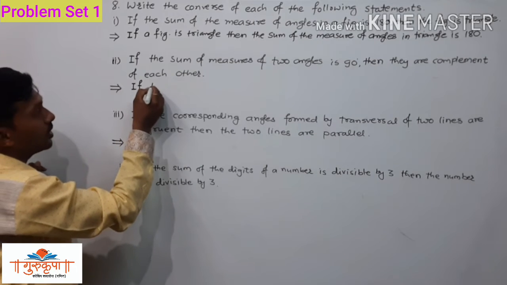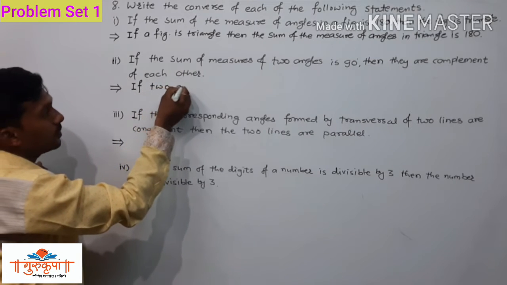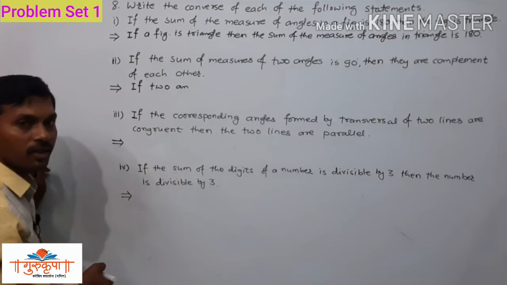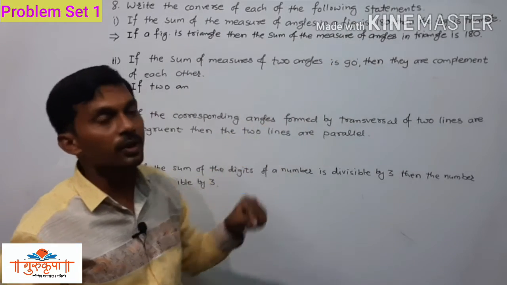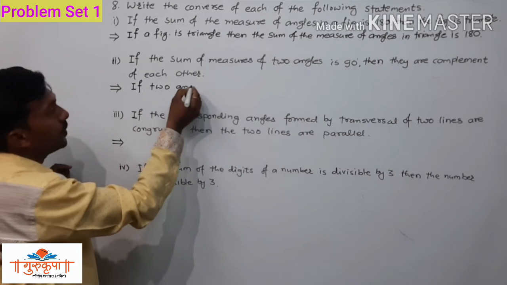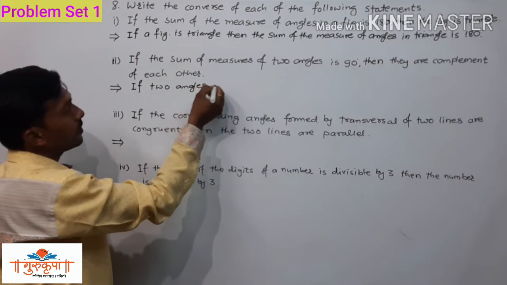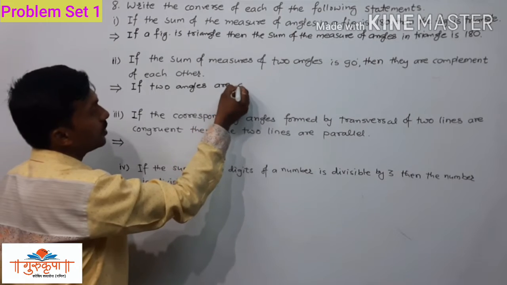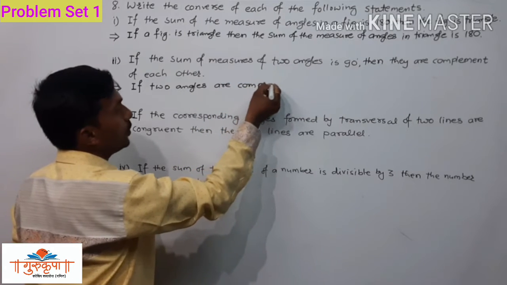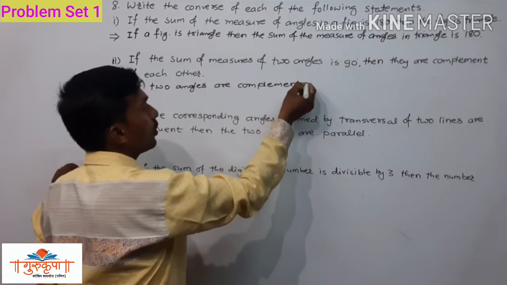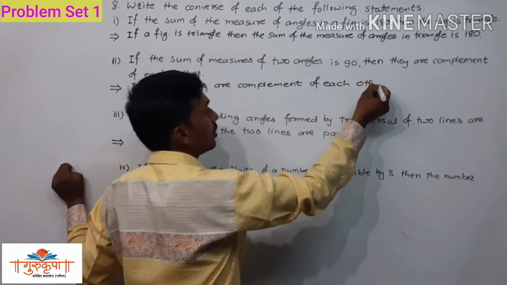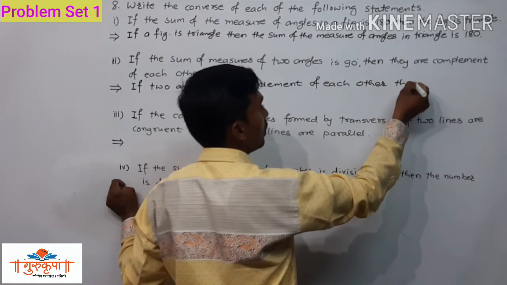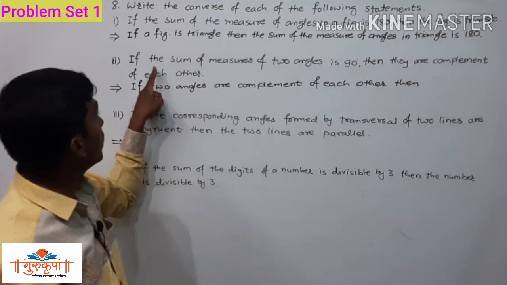Here the word "they" is used for the two different angles. So here we can write, if two angles are complements of each other, then, now we have to write the part after if.